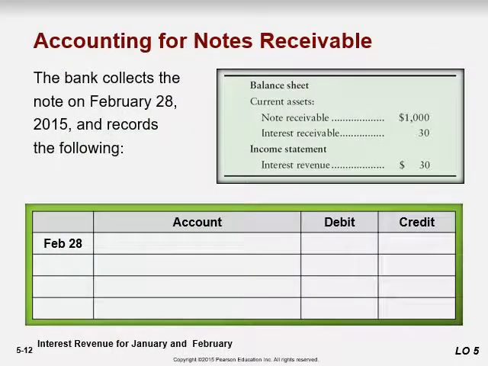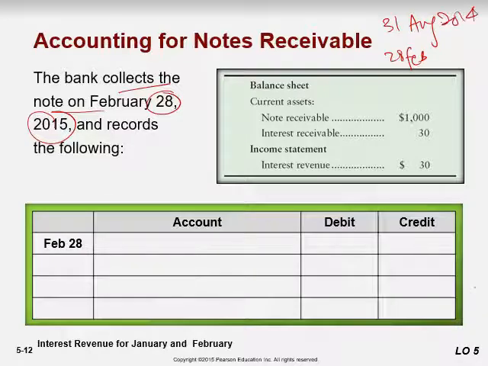And now the bank collects the note on its maturity. According to the terms of the notes receivable, it was issued on 31st of August and has to be paid back on 28th of February. This is 2014, this is 2015. In between there is 2015.